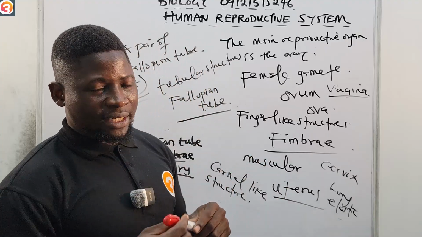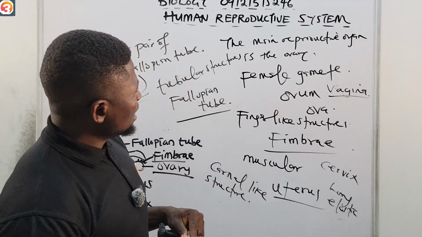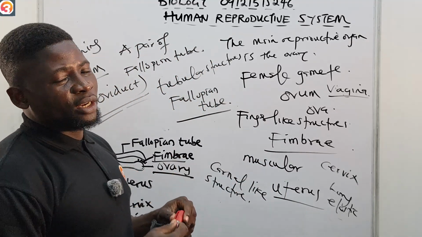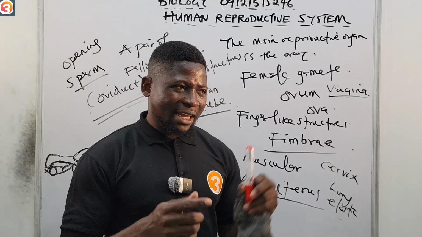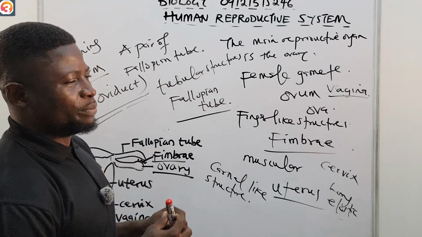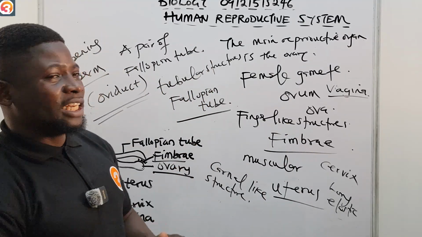So please take note of all of these. Now, what exactly happens for a young offspring to be produced in humans?